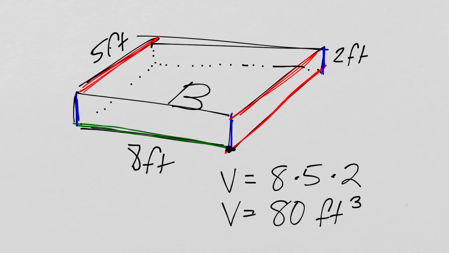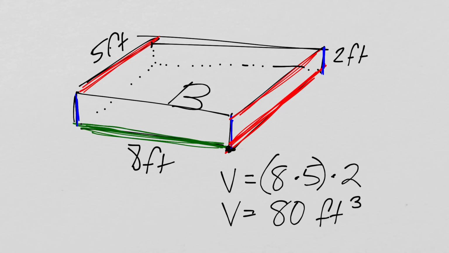Well, to find the area of the base, you'd have to multiply the length times the width. So in this case, you'd have to multiply this side here times this side here to get the area of that base. So it would be 8 times 5, right? Which is actually what we did here first. 8 times 5, right? And then, to find the volume, you'd have to multiply it by 2, which we did.